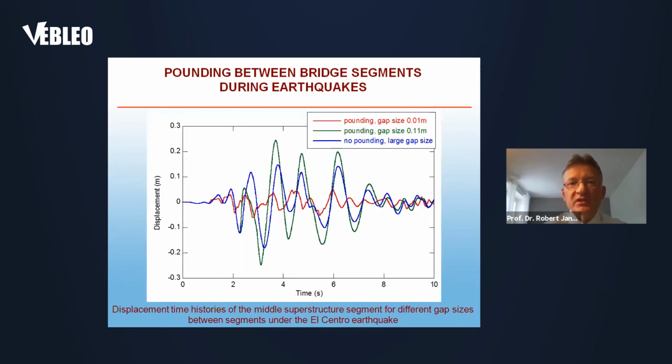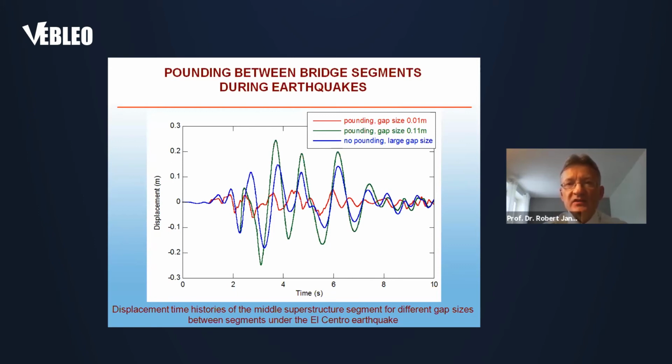And here we can observe some examples of the results. This graph shows the displacement time history of the middle superstructure segments for different gap sizes between adjacent segments. The results are also presented for the El Centro earthquake.